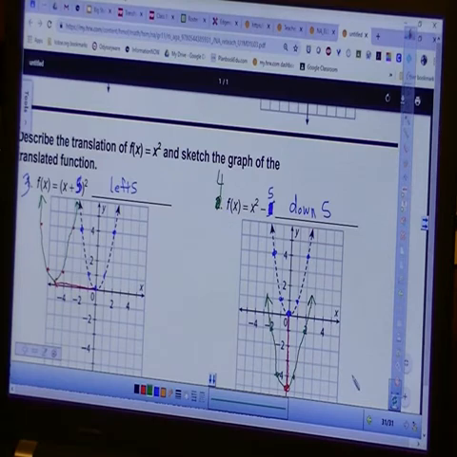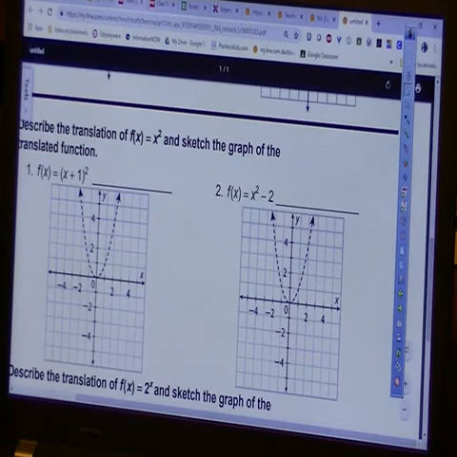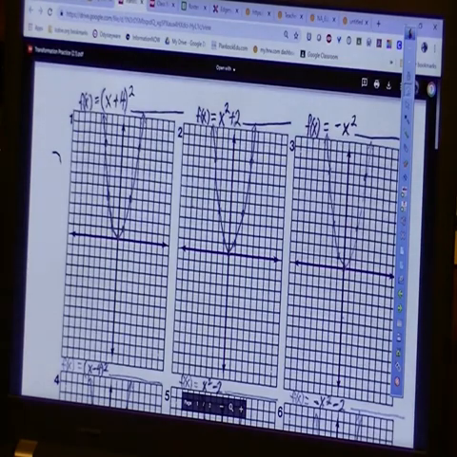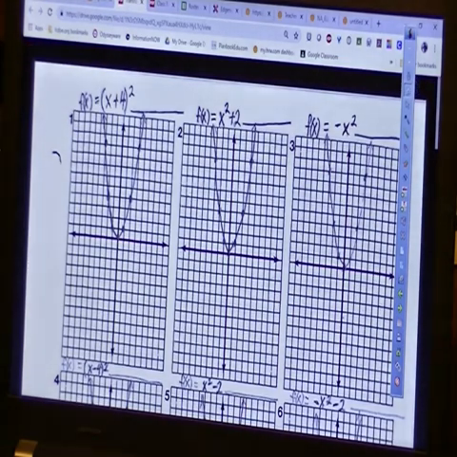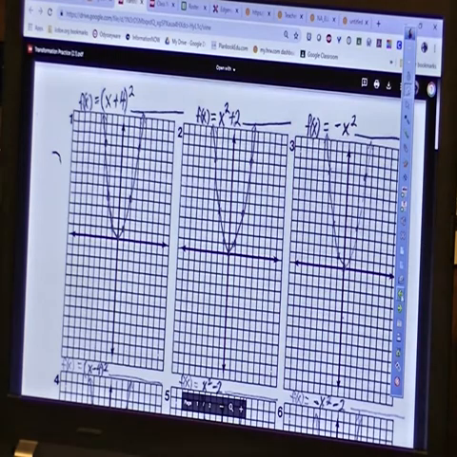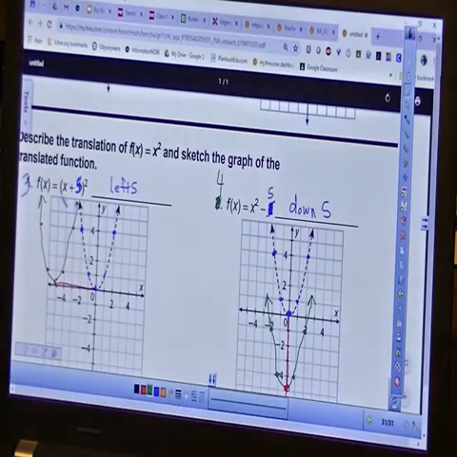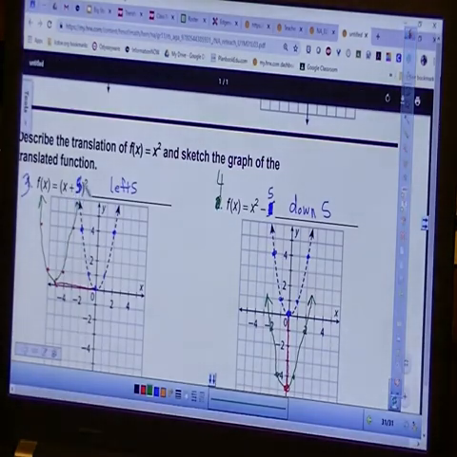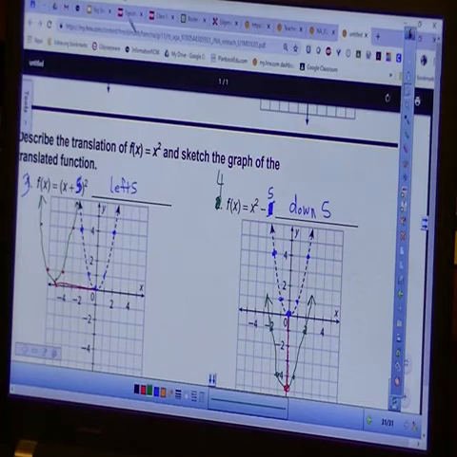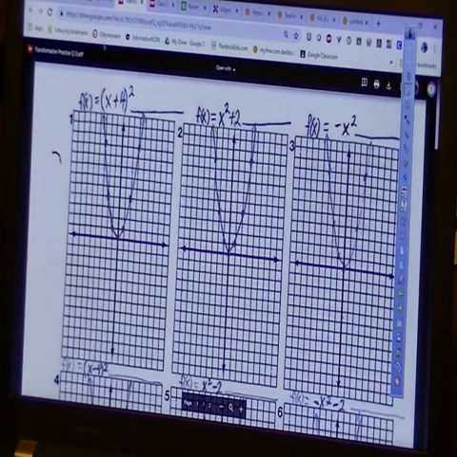Now let's switch over to the other worksheet that looks like this. So if we just got finished doing this, it says x plus 5 inside with that's squared, and it says left 5. What's it going to mean to us when we look at this?